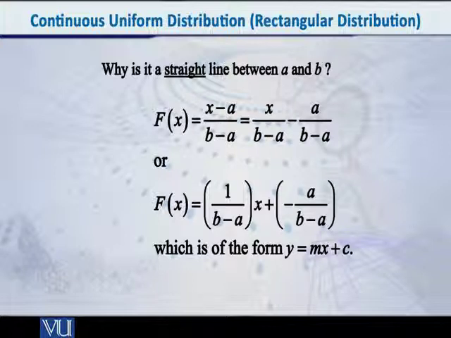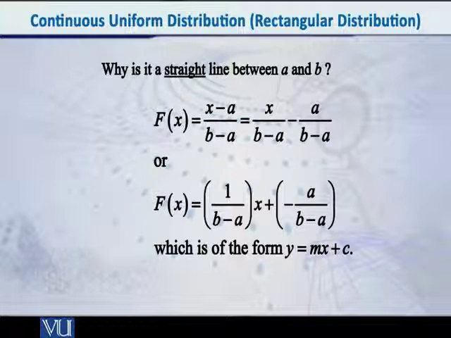तो आप स्कूल लेवल पे हम सब पढ़ते हैं that the equation of a straight line is given by y is equal to, या f of x is equal to mx plus c. यहाँ m is 1 over b minus a, the slope of the line, and c, the y-intercept, is given by minus a over b minus a.